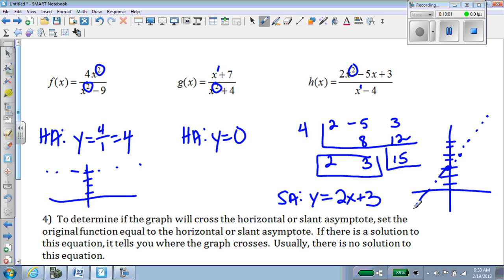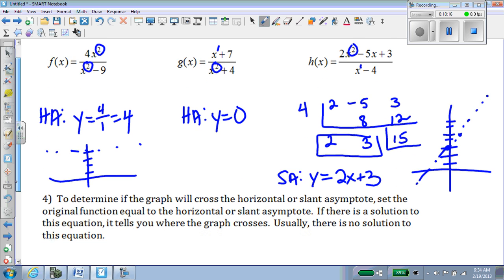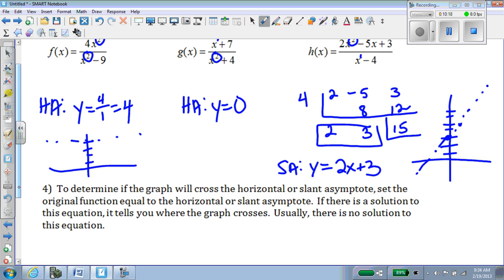Okay. One of the other things we do is we determine if a graph will cross its horizontal or slant asymptote. And so if it is, we want to know where it's going to cross. So the way we do this is we set the original function equal to its horizontal or slant asymptote. So in this case, the original function for f was 4x squared over x squared minus 9.